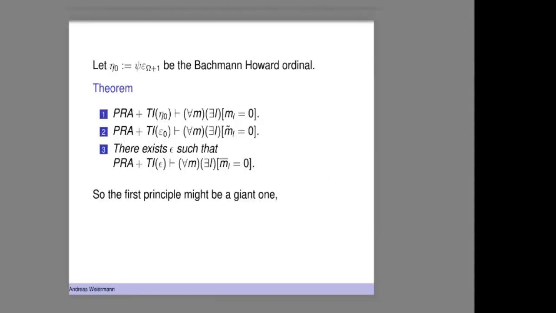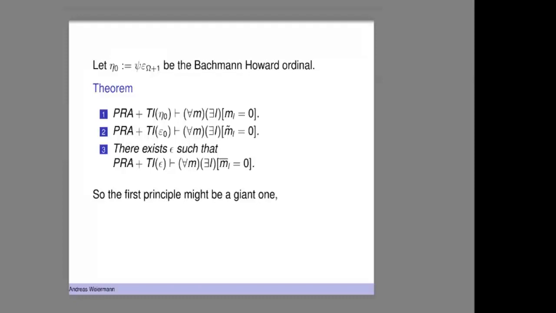Now, eta 0 is the so-called Howard-Bachmann ordinal, and the first definition using the psi-k function yields termination of the double base change Goodstein principle. It's primitive recursive arithmetic plus this very big ordinal, plus the transfinite induction on this very big ordinal proves for every m there exists an L such that ML hits 0.